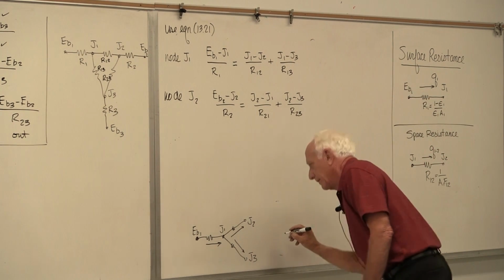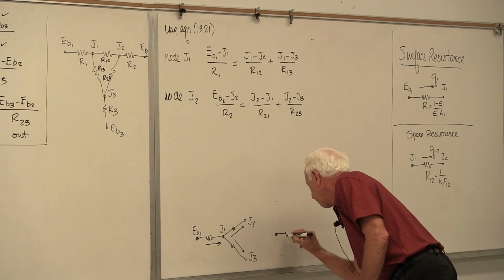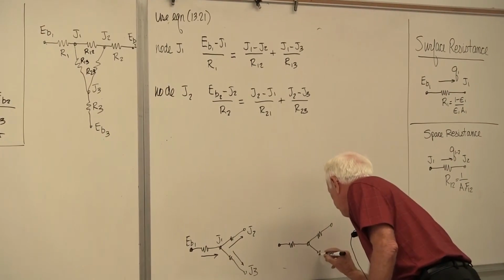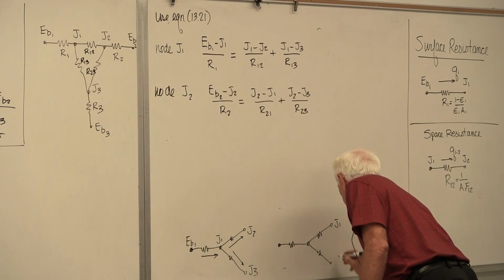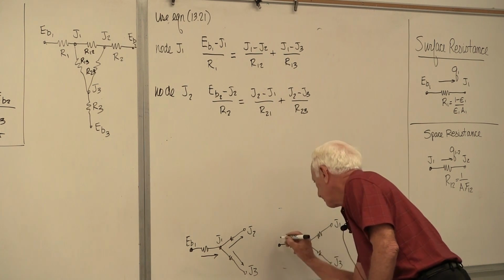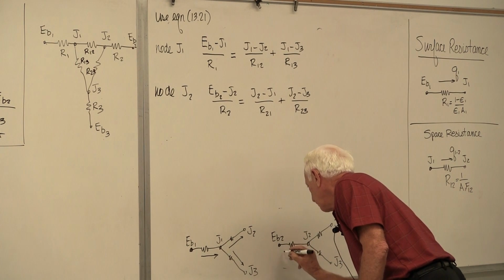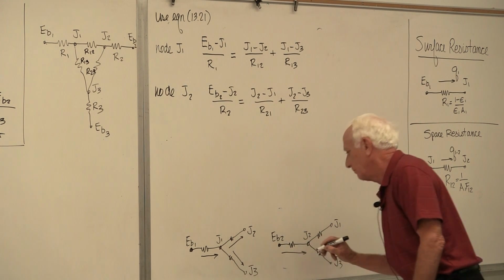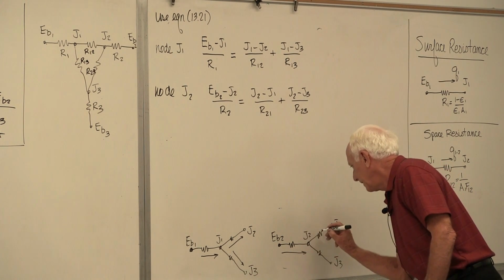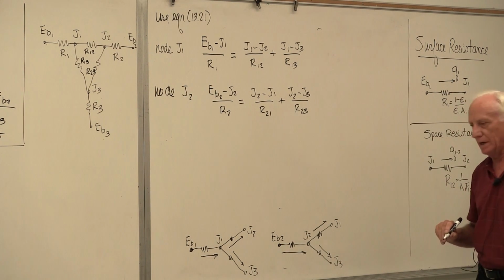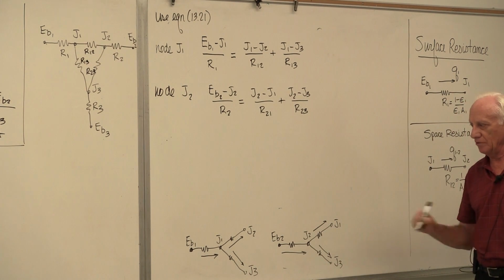I'll draw the picture down here. What comes in from surface 1, A1, goes out either to 3 and to 1 that way. That goes with that picture.